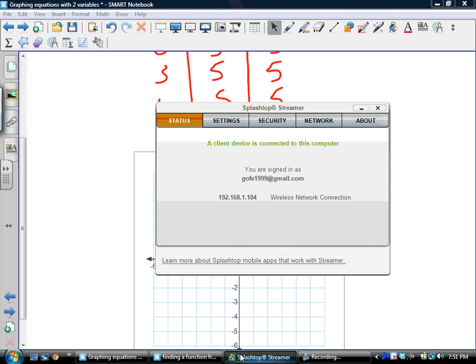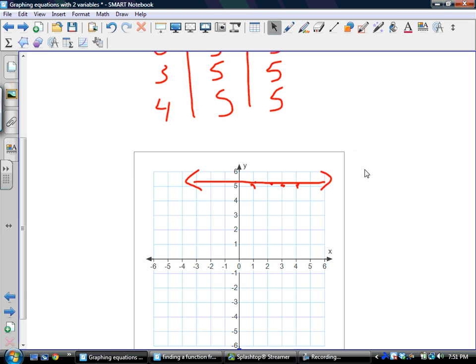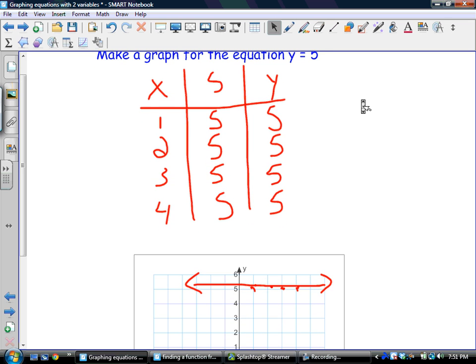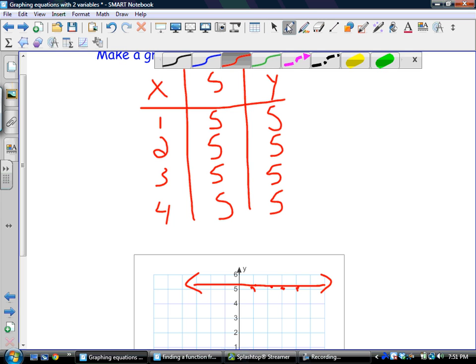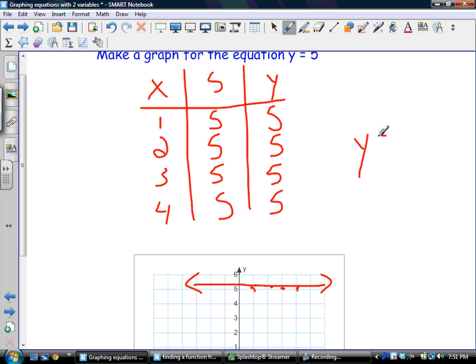Anytime we have an equation that's y equals a number, your graph is going to be a horizontal line. That's important to remember.